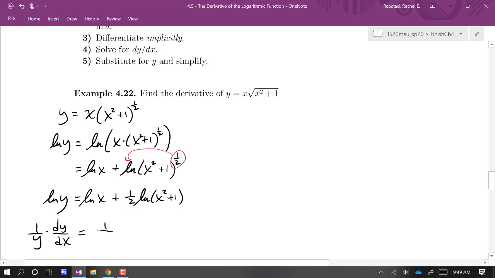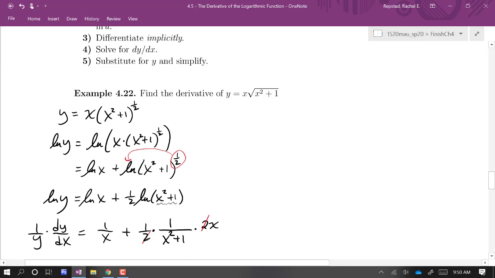On the other side, I got 1 over x, plus I've got that factor of 1/2, and then 1 over x squared plus 1, and then the chain rule here would say multiply by the derivative of x squared plus 1, so I'm going to multiply by 2x.